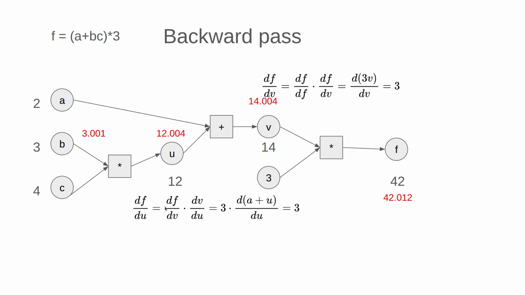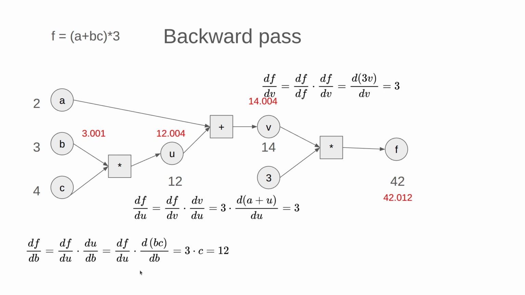For the first one, we know the value already is 3 here. And the second one is actually the differentiation of the function itself. Just like we discussed before, v will be a plus u here, and this term will be 1. So the value will be 3. Okay, so we know that the df of dv will be 3 here.